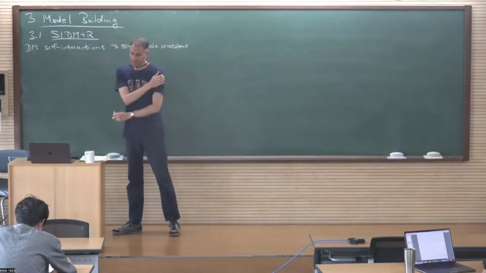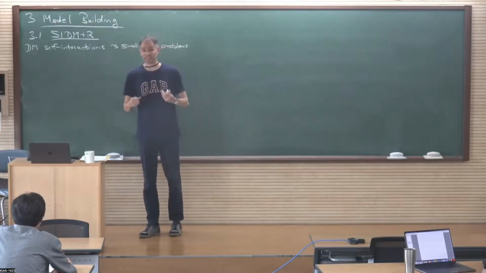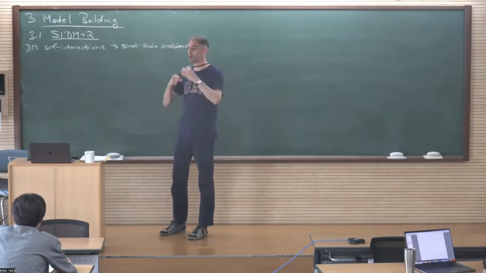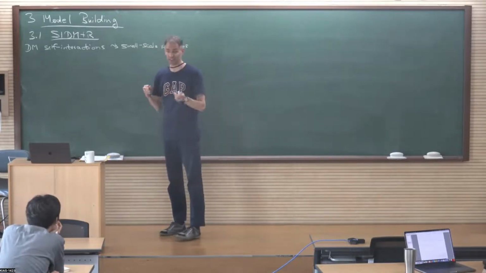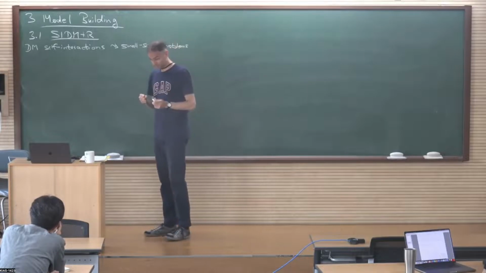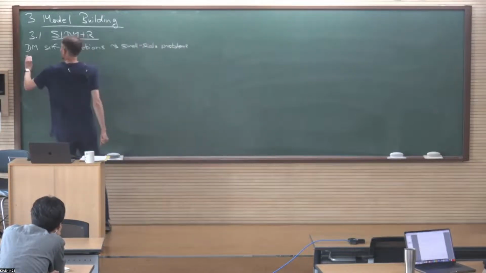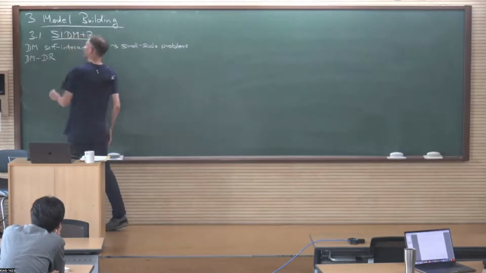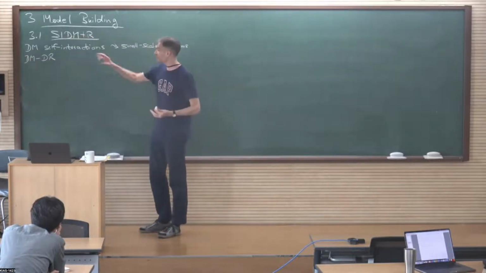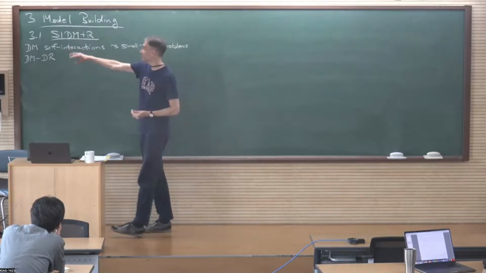What cannot be addressed is the missing satellites problem, which is about simply how many dwarf galaxies we see around the Milky Way. And this can be addressed by making dark matter and dark radiation interact.